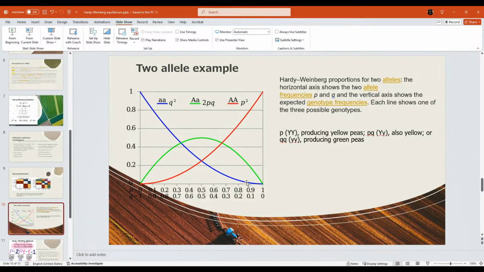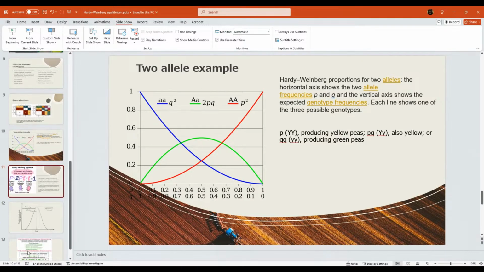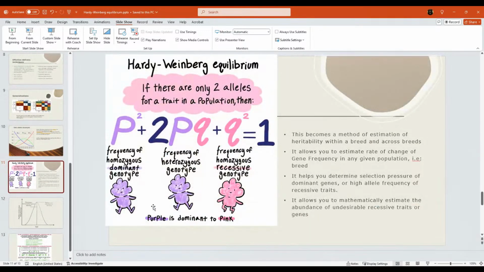Remember algebra, y equals x squared is a parabola. So anything to the second power is a parabola. That's why it's a parabola this way versus this way, and this represents the admixture of both traits. And then you can see the frequency of each trait appearing by a decimal value. Anyhow, I'm not going to go crazy with this. So basically, this is what Arul just explained.